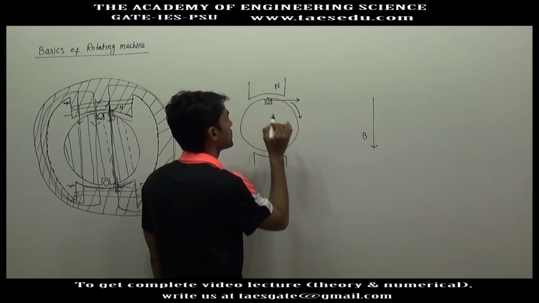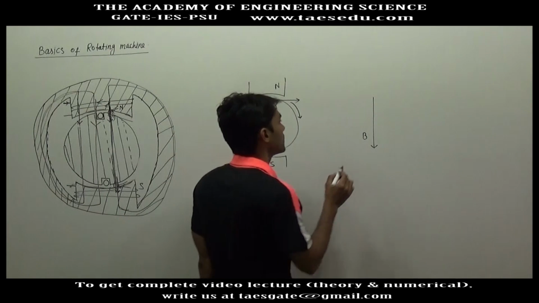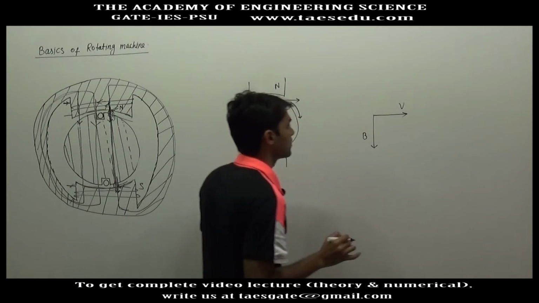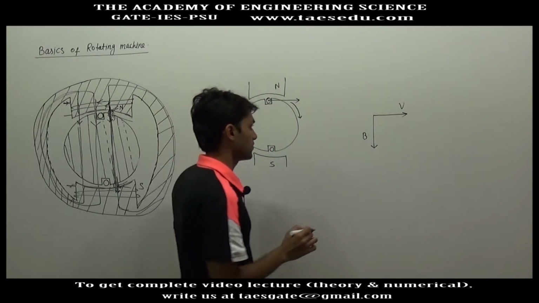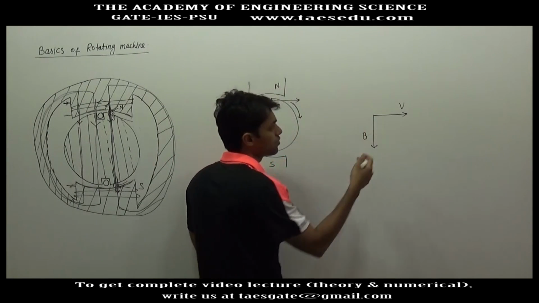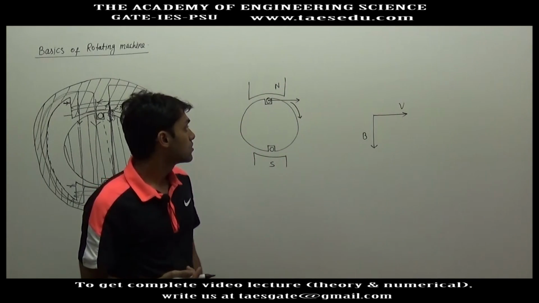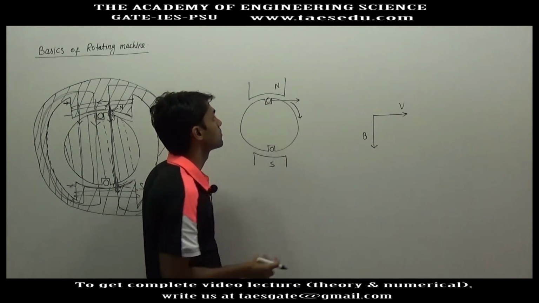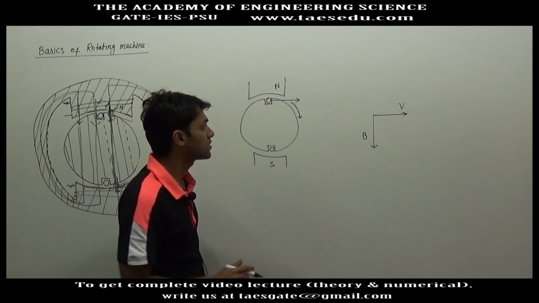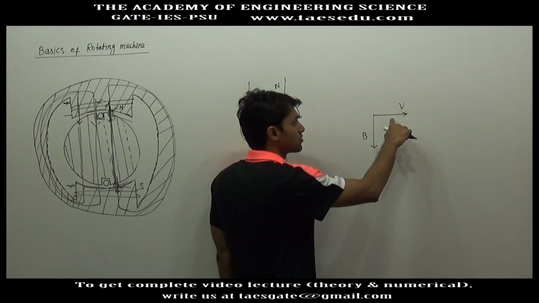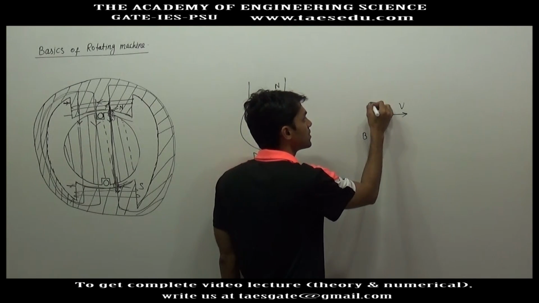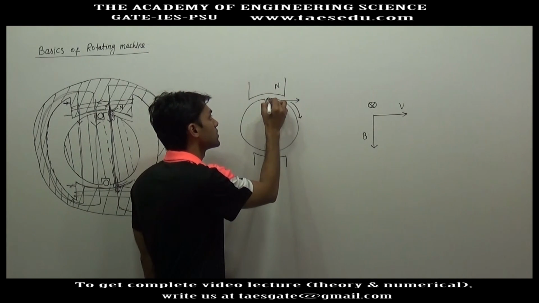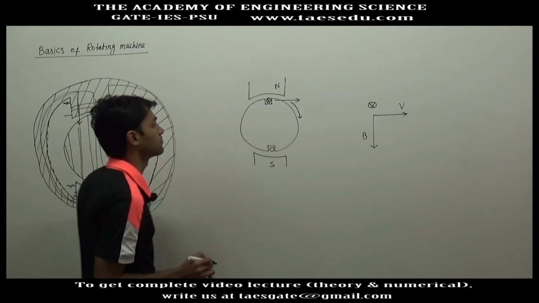So the direction of velocity of the conductor will be to the right. Now what will be the direction of force on the charge of this conductor? This will be V cross B. So V cross B will be inside the board, so a positive charge will experience a force inside the board.